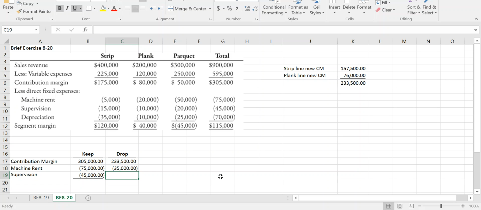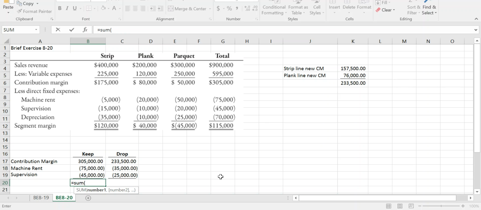So if we drop that Parquet line, we only have to pay the $15,000 for the strip and the $10,000 for the plank supervisor, or in total $25,000.